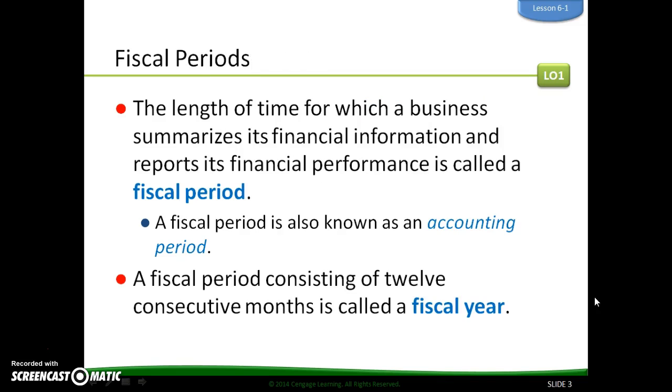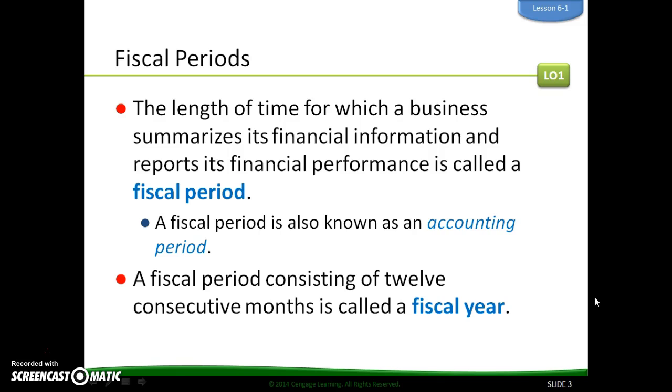Then we start talking about fiscal periods. A fiscal period is just the length of time that the business is using to summarize the financial information. Sometimes it's referred to as the accounting period, sometimes it's the fiscal period. The fiscal period that consists of 12 consecutive months is called the fiscal year. Now, one thing that you would want to note is that not every business has a fiscal year that matches a calendar year.